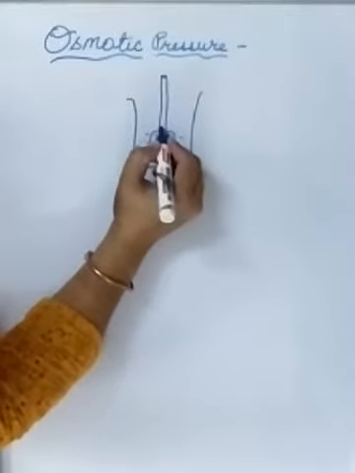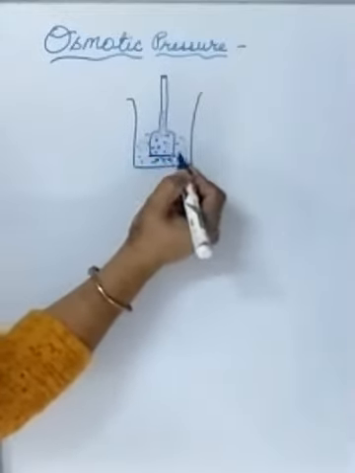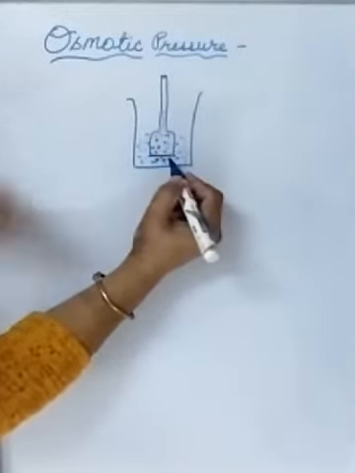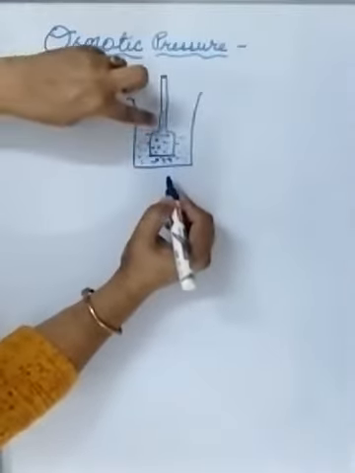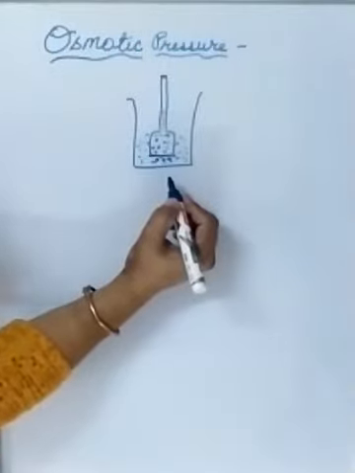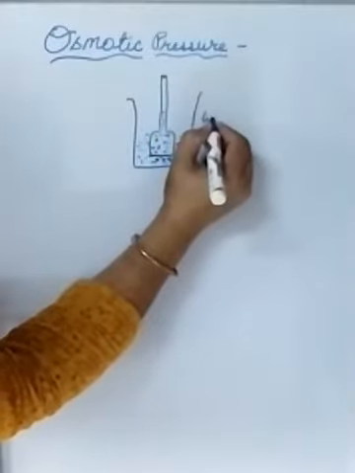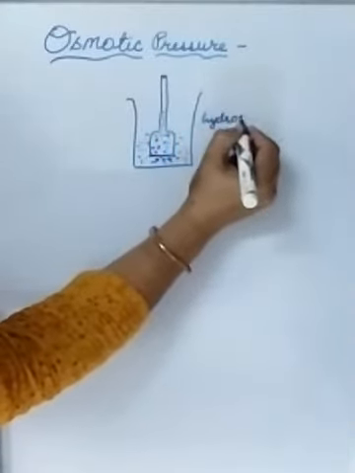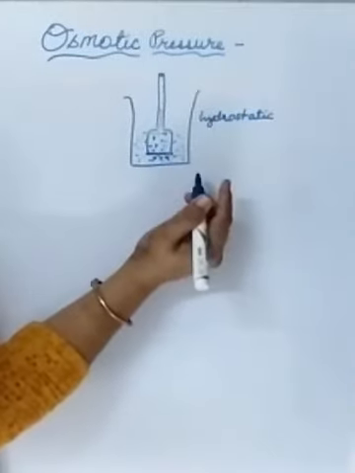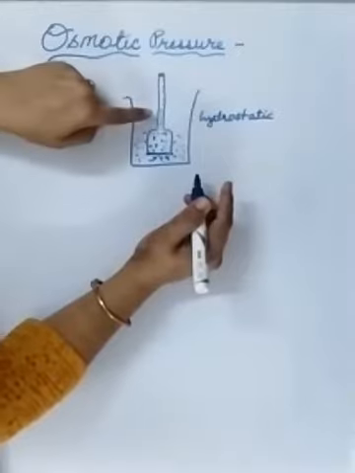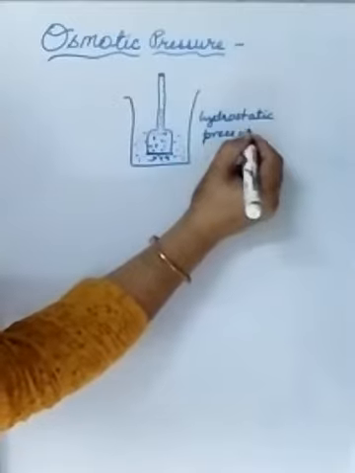So we will find that the level in the thistle funnel will rise, and an equilibrium will develop between the solution and solvent side. Due to this liquid column, there is a pressure which is known as hydrostatic pressure. This hydrostatic pressure, working in the tube of the thistle funnel, which is making a column, is the measure of osmotic pressure.